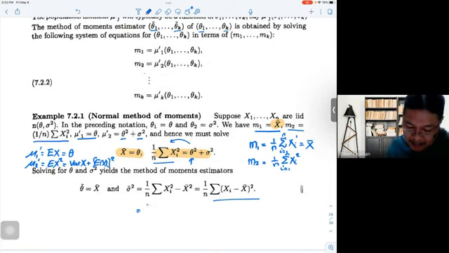That's easy. You can simplify it this way. The x bar square involves the sample mean, 1 over n, summation of xi, and then we have 1 over n, summation of xi square.